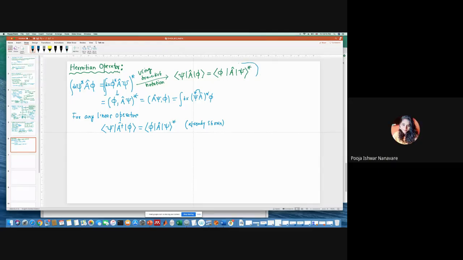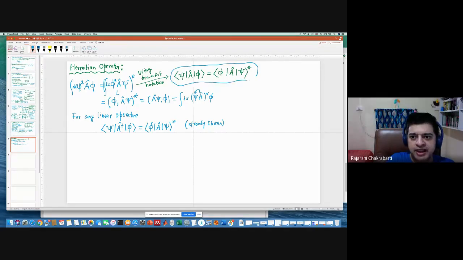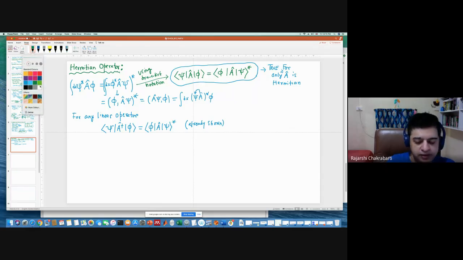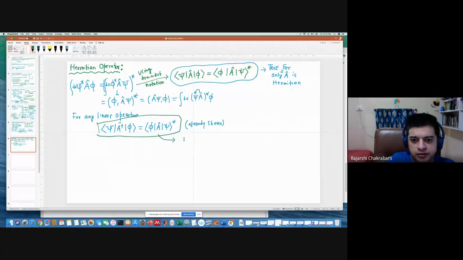Yes, sir. Now this is true for any linear operator. No, for only, A is only if Hermitian. But this relation which we arrived at on the last page a few minutes back, this is true for what?